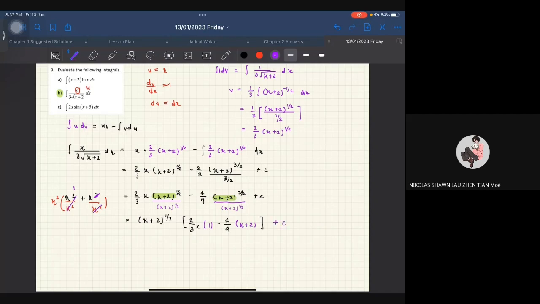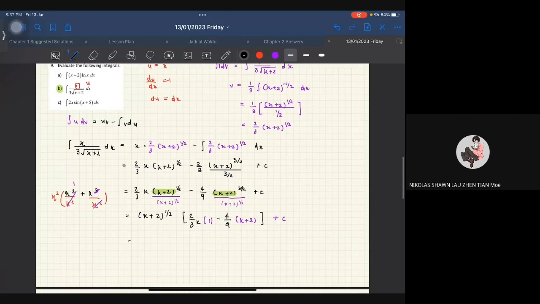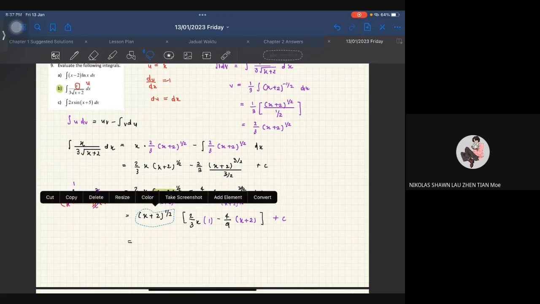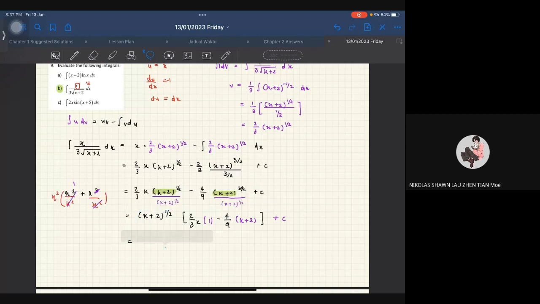Okay, so let's simplifykan apa yang kita ada dekat sini. So yang depan ni still the same. So we still have this one. Copy. And then I paste it over here. Okay, so sekarang saya ada, I have 2/3x minus 4/9x. What do I get over here? Can someone press the calculator for me?